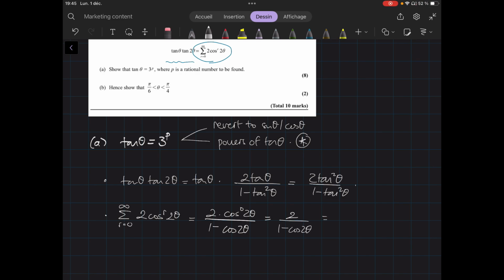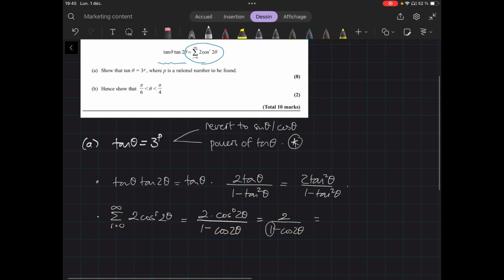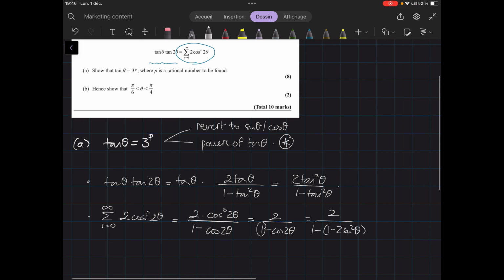I do not want the 1 hanging out over here. So I am going to use an appropriate double angle identity for cosine to get rid of the 1 in the denominator. I am going to use the 1 minus 2 sine squared theta. And this simplifies your answer to 1 divided by sine squared theta.